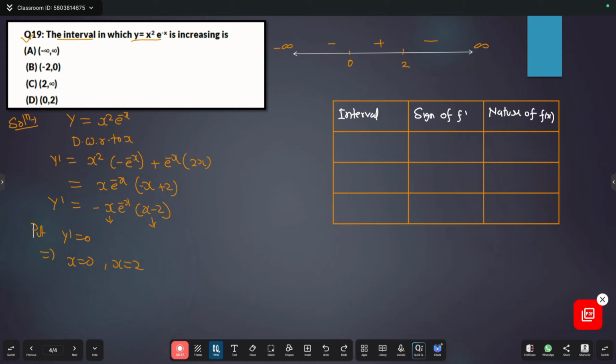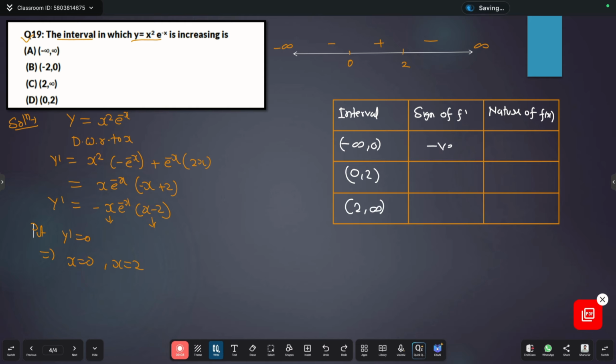The first interval is minus infinity to 0, then 0 to 2, and then 2 to infinity. The signs are negative, positive, negative. Negative means decreasing, positive means increasing, negative means decreasing. We want the interval of increasing, so which interval is it? (0, 2). It means option D is correct. So the interval of increasing is (0, 2), the answer.